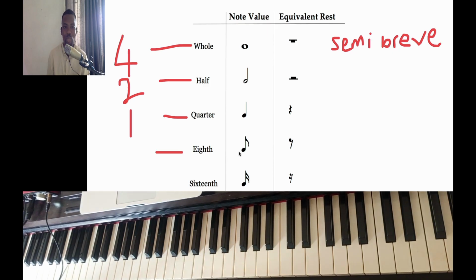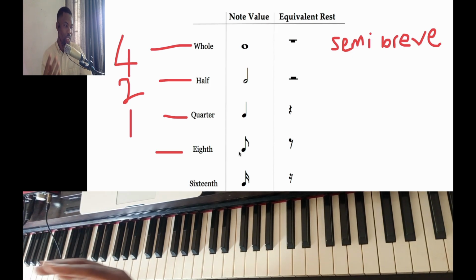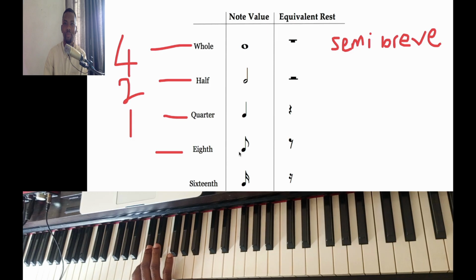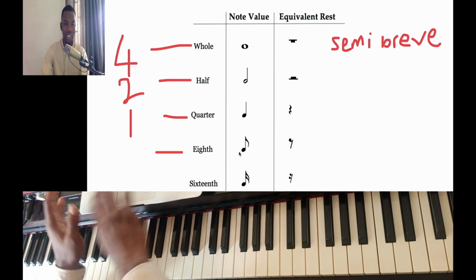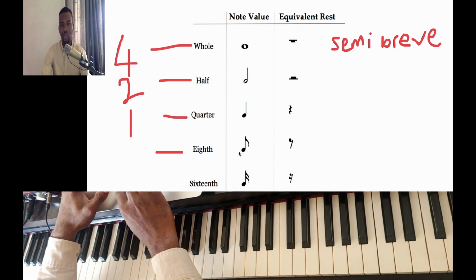And the 16th note will be a further division of an eighth note. So now for every beat, you get 4 notes, like so. So this is just a simple explanation of the types of notes.